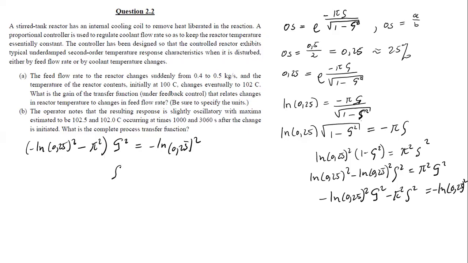Then here we're going to have the damping factor squared. I'm struggling to draw the constant. So we have the fraction negative ln of 0.25 squared divided by negative ln 0.25 squared minus pi squared.